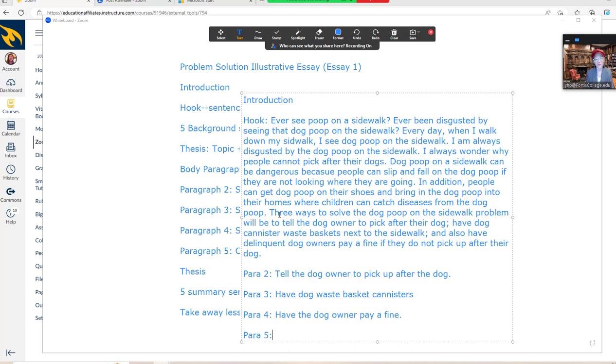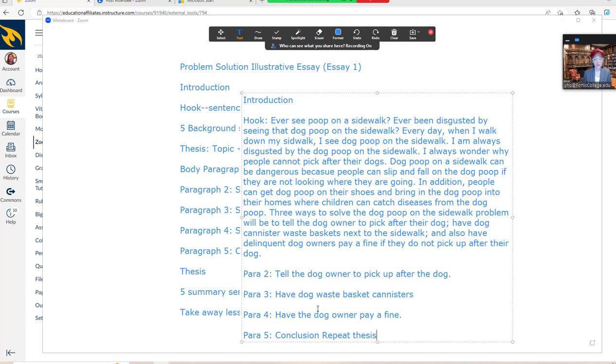And paragraph 5 is the conclusion, where you repeat the thesis as the first sentence. So here I would have as my topic, tell the dog owner to pick up after their dog. So that paragraph 2 matches solution 1.